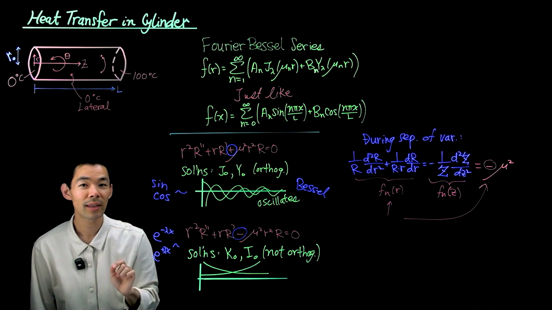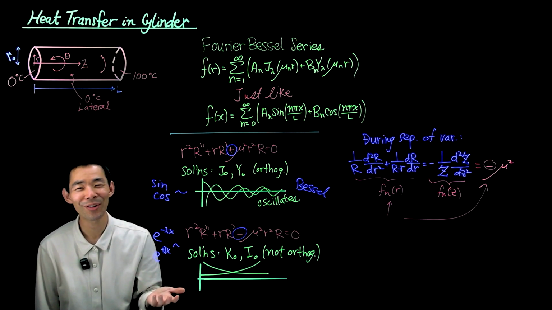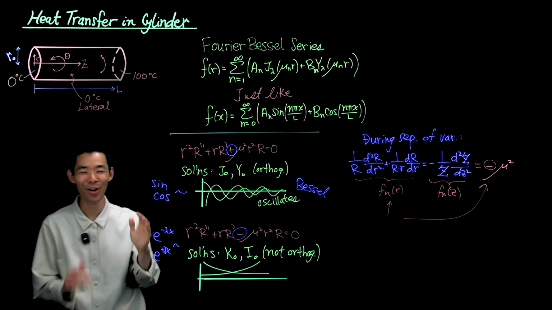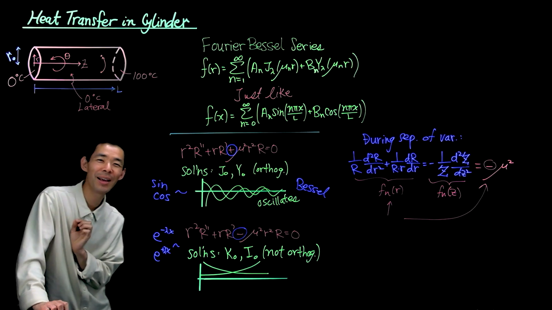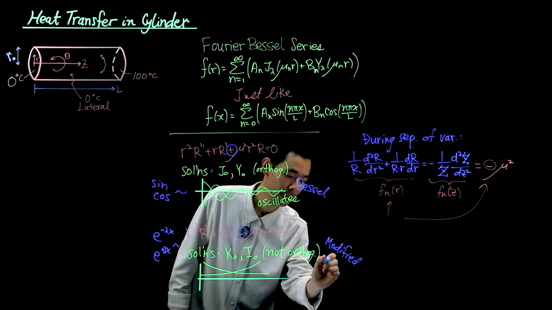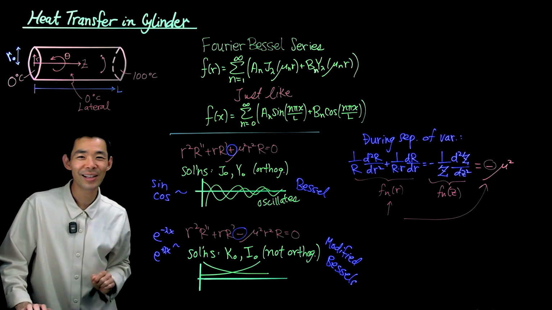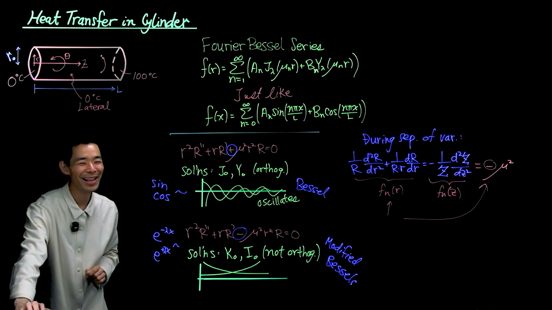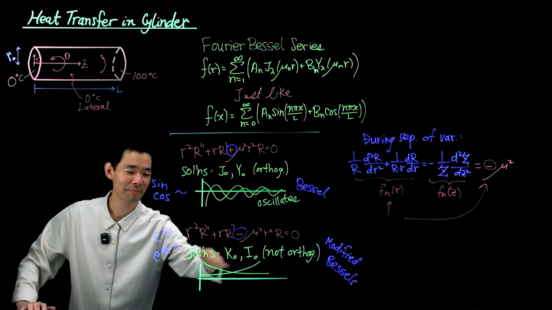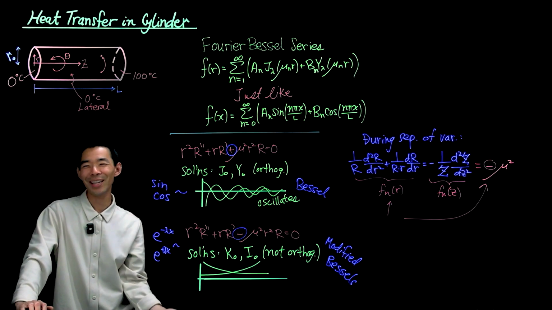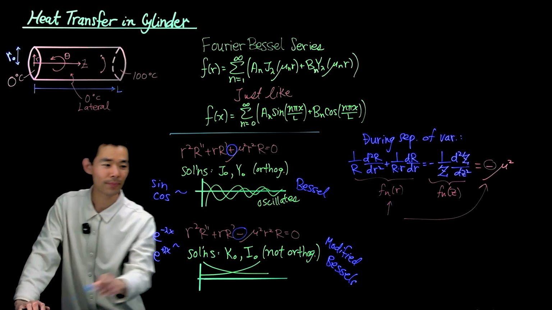These solutions, K0 and I0, I know, couldn't they have been more creative with naming? Or you're just overwhelmed with all these symbols. These are called modified Bessel's functions of the first and second kind. And these functions do not oscillate. They look just like exponentials, actually. And they're not orthogonal. That's the key point.